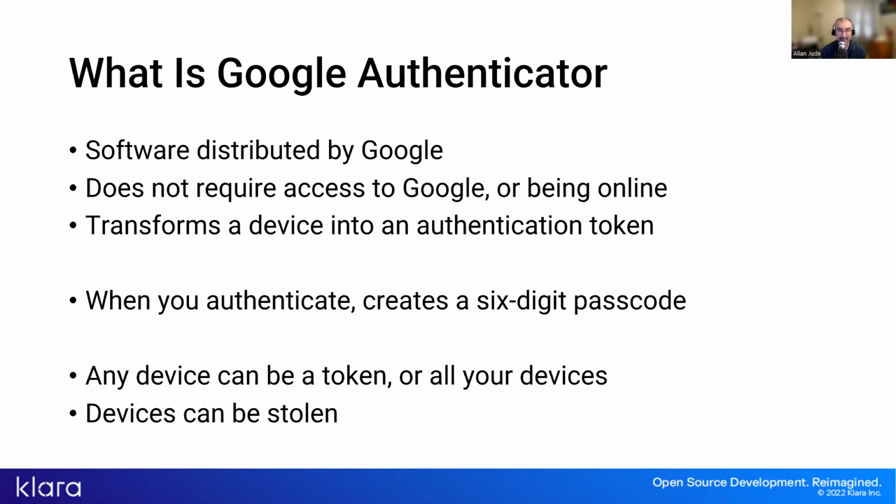And any or all of your devices can be this type of token. One of the advantages here is you can have more than one device have your token, so that in the case your phone breaks or gets wet or lost or just won't take a charge or whatever happens to your phone, you have another device that you can use to authenticate in the meantime, or some other fallback mechanism.